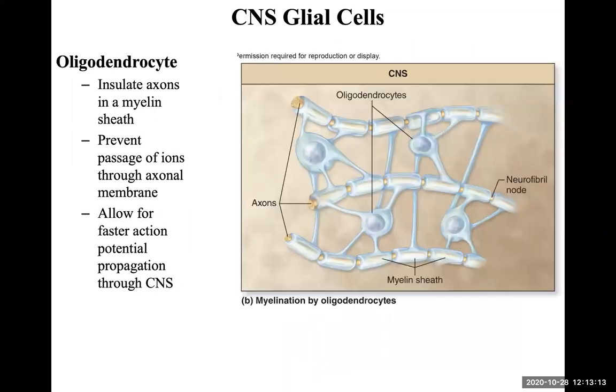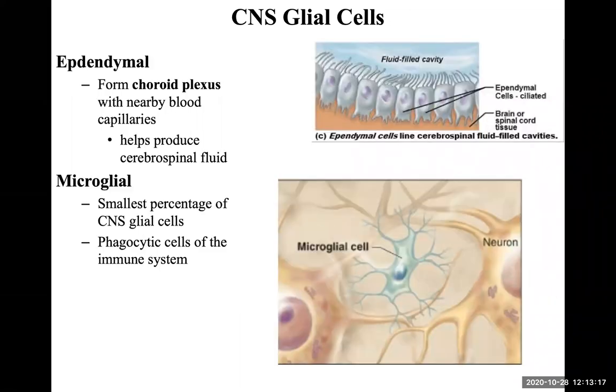Are microglial cells connected to T cells? Well, in the sense that they're both immune cells, they are, but they're very different. T cells and B cells are a part of what we call the adaptive immune response, and they're highly antigen specific.